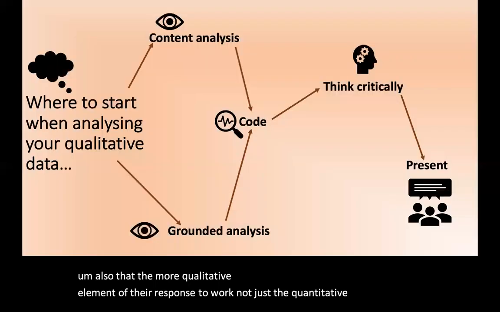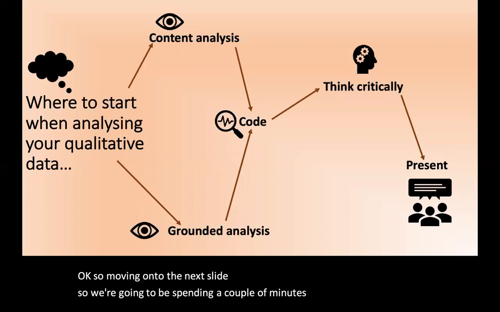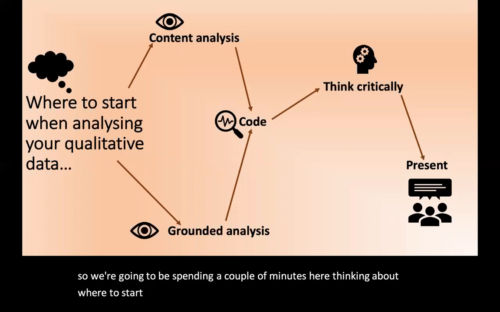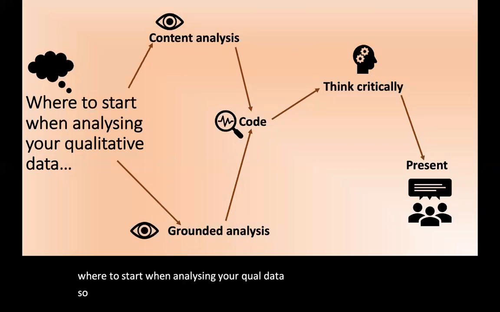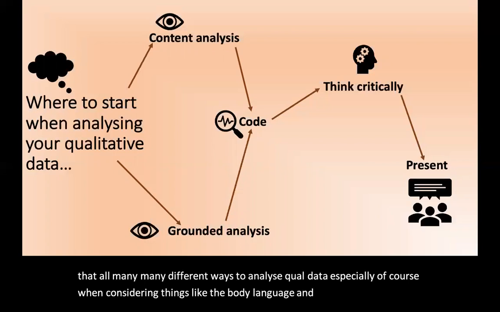Okay, so moving on to the next slide. We're going to be spending a couple of minutes here thinking about where to start when analysing your qual data. There are many, many different ways to analyse qual data, especially when considering things like body language and ethnographic research.